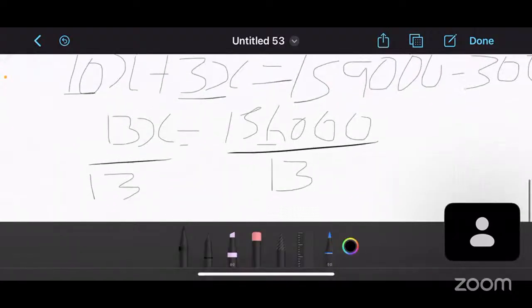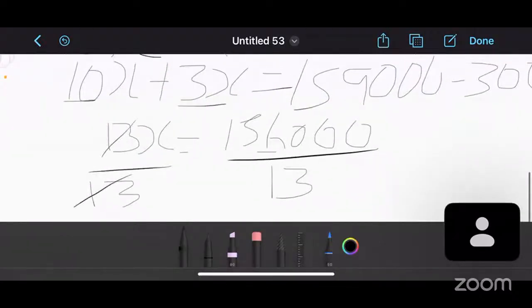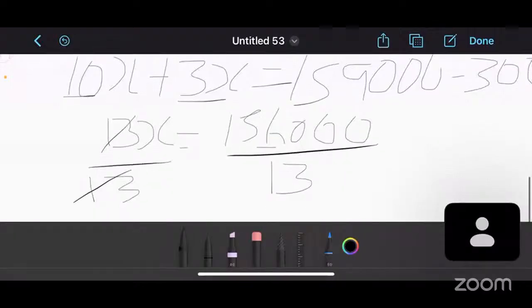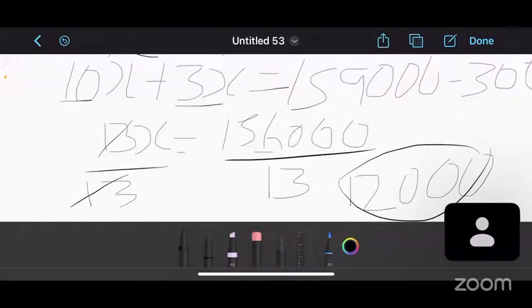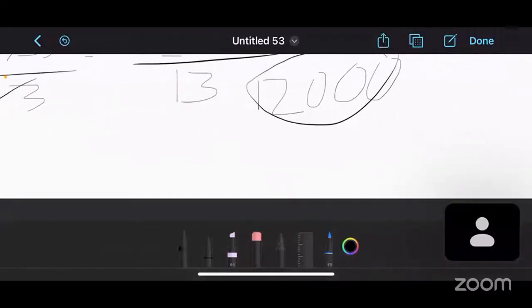So 13x divided by 13 cancels, and 156,000 divided by 13 is 12,000. So before the increase, the salary is 12,000.